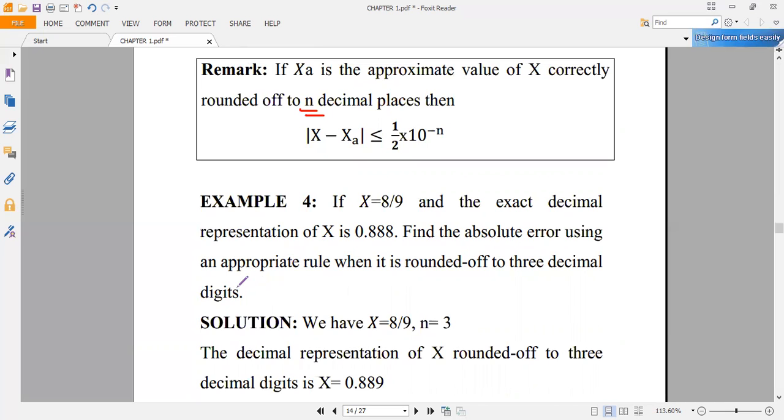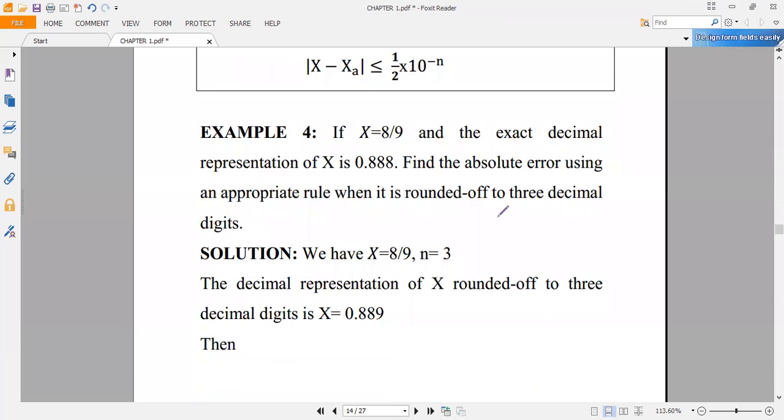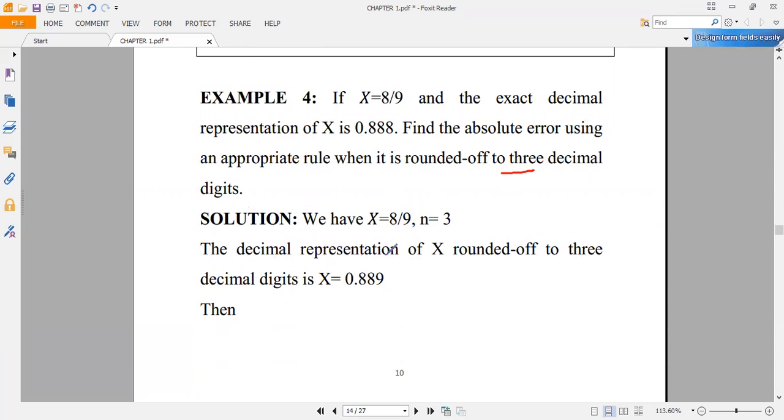What would be its approximate value? We have x equal to 8 over 9, and we are going to approximate to 3 decimal places, so the decimal representation of x rounded off to 3 decimal places is 0.889.